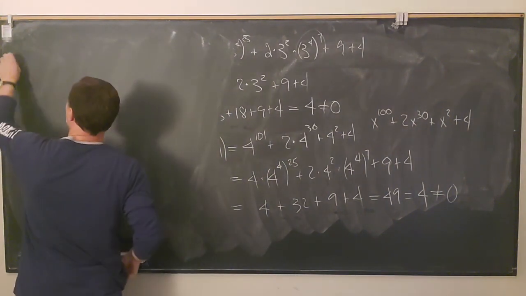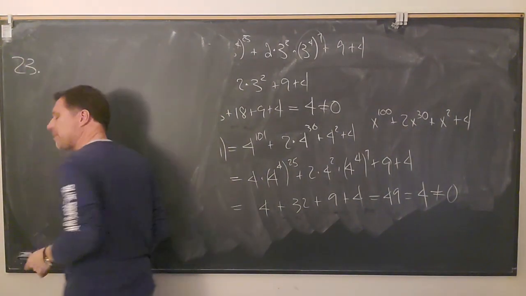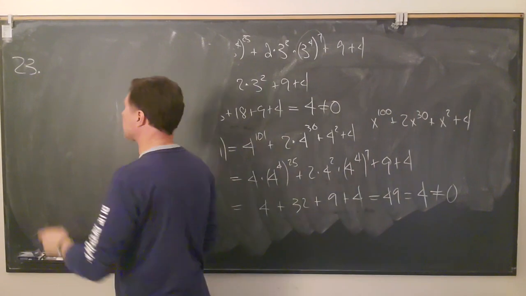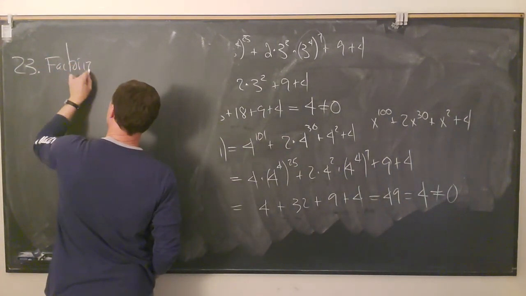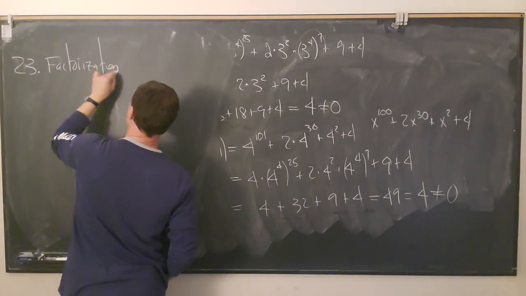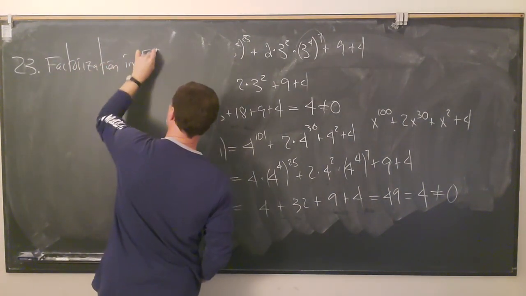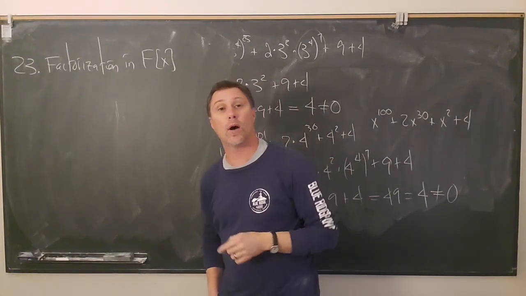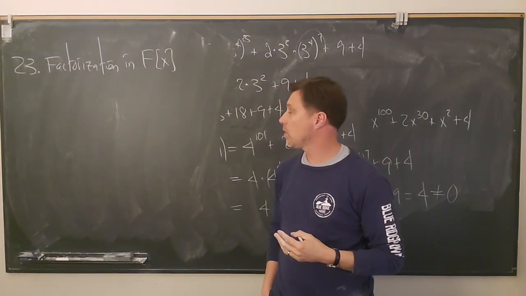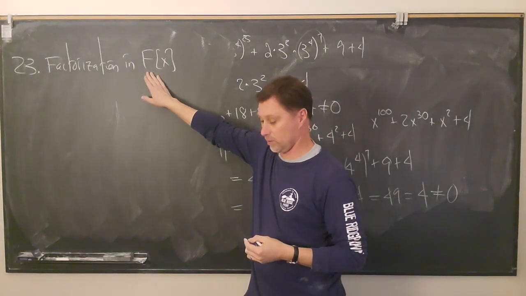This is maybe where the excitement really gets started for this class, right? So factorization in F bracket x. That's what we're going to be talking about now, polynomials where the coefficients come from a field.